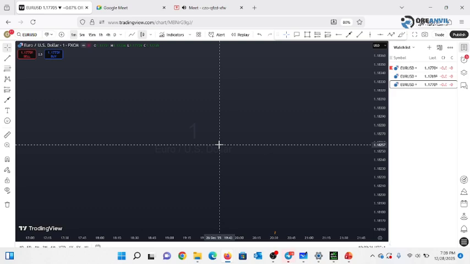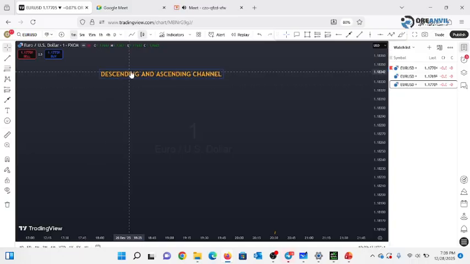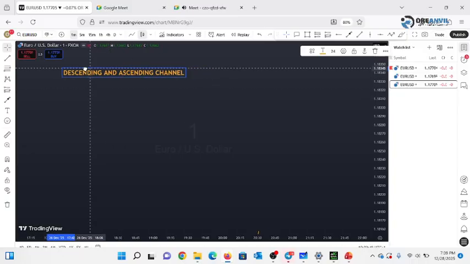So one of the first patterns is what we call a descending channel. We call it descending and ascending channel. So this is a descending and ascending channel here.